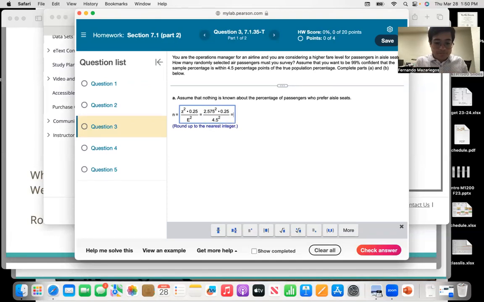So let's plug this in and see what we get. I just noticed this is a percentage. We need to divide by 100. So let's do this one more time.